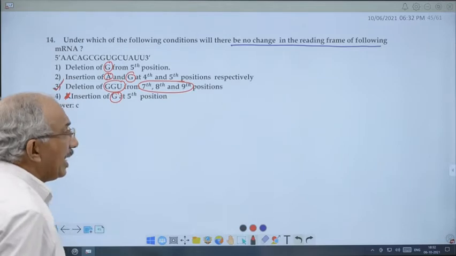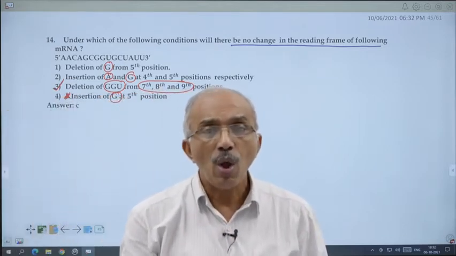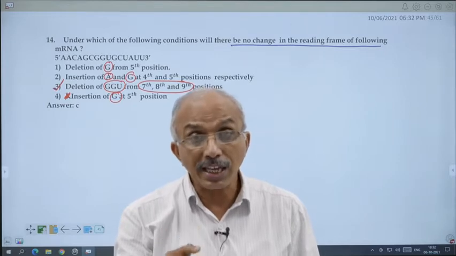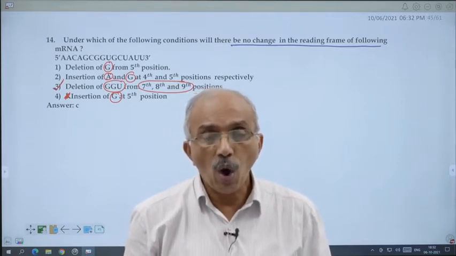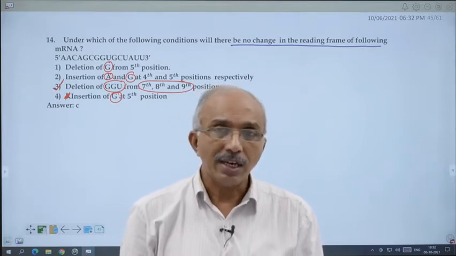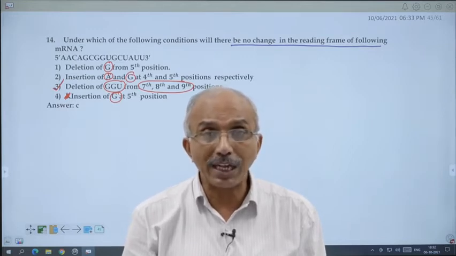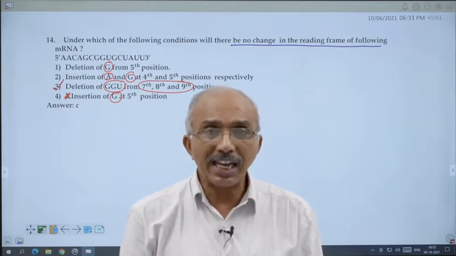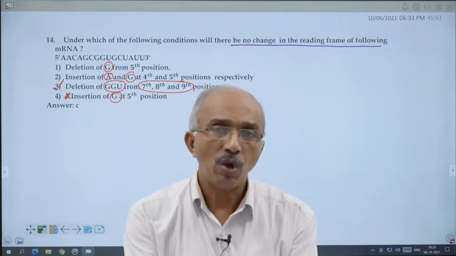Insertion or deletion of 1 or 2 bases results in frame shift mutation. That is alteration of the reading frame.